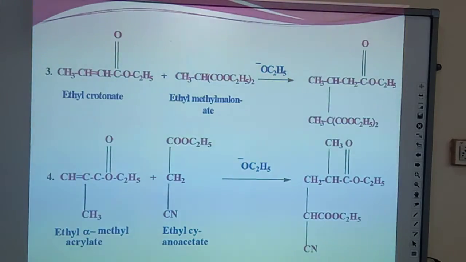So in all active methylene compounds, the CH2 group or CH group is flanked by electron withdrawing groups, because due to the electron withdrawing group, the CH2 group becomes acidic, and due to this acidity, the base you are using simply abstracts the proton and generates the carbanion. Once the carbanion is generated, in all the reactions it always attacks the beta carbon of the alpha beta unsaturated carbonyl compounds, and they just give the 1,2 addition product.